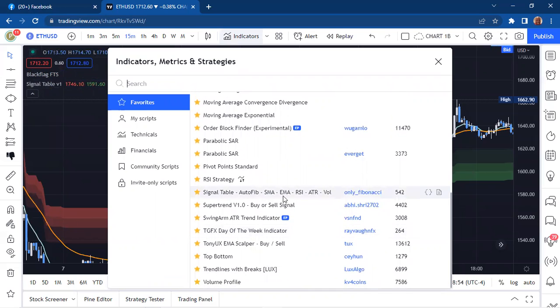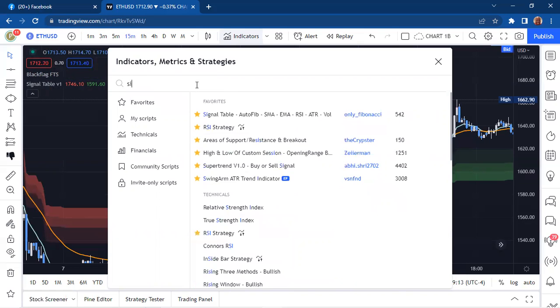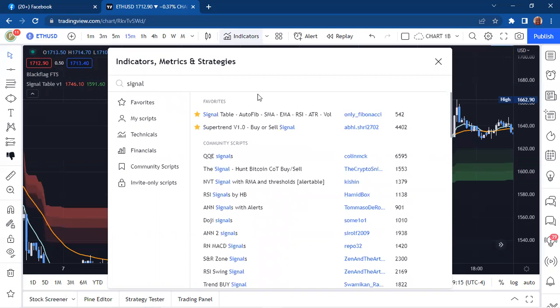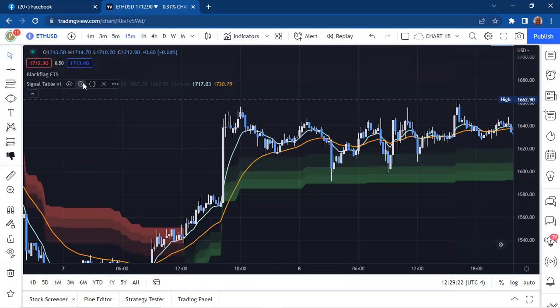So it's this one right here, but with underscore Fibonacci. So you want to find this one as well. You just click in "signal," and then you'll find it right here. You click on that. That's your second indicator.